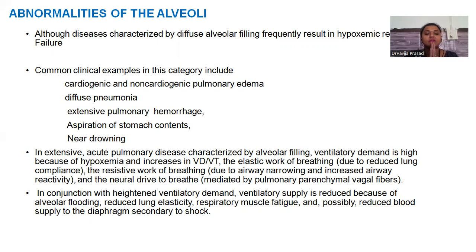With congestion, ventilatory demand is heightened, and ventilatory supply is reduced because of alveolar flooding, reduced lung elasticity, respiratory muscle fatigue, and possibly reduced blood supply to the diaphragm secondary to shock.